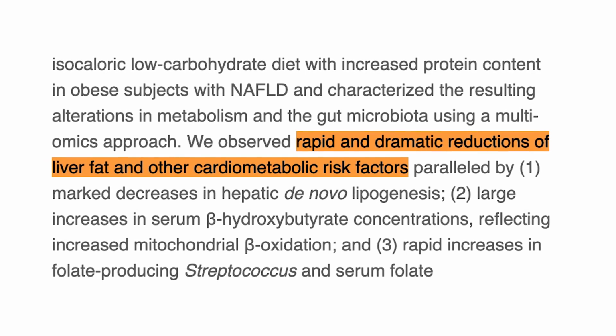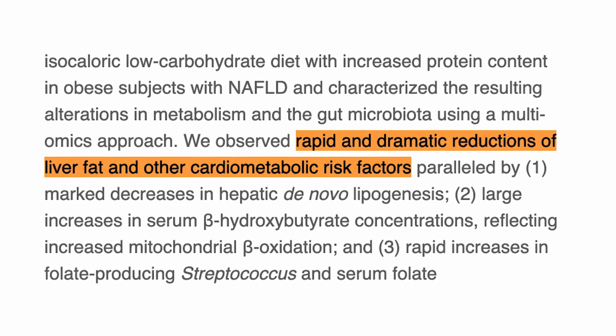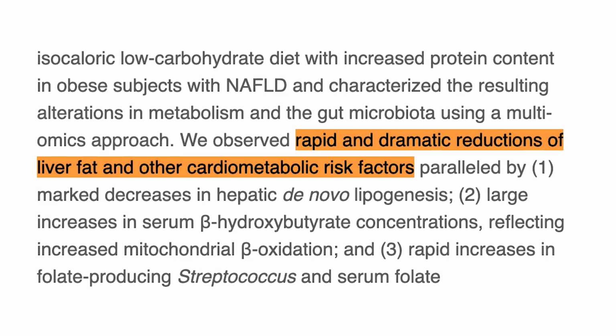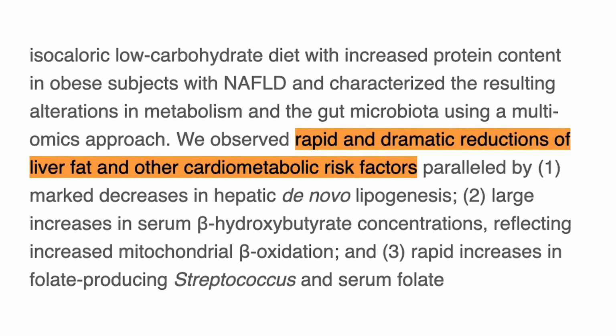And here's what happened after a short 2-week study period. The subjects showed, quote, rapid and dramatic reductions of liver fat and other cardiometabolic risk factors. Again, without reducing calories. They made a positive alteration in their metabolism.